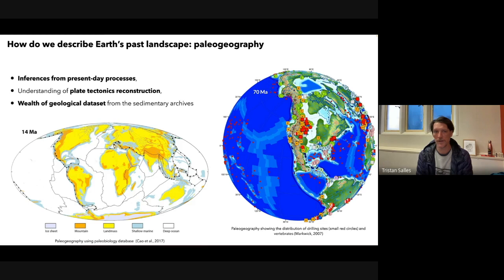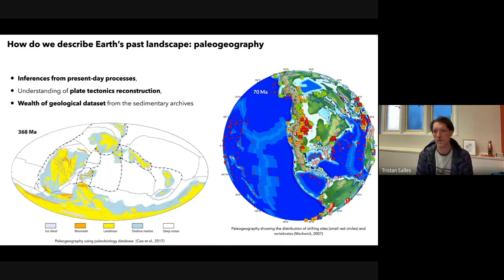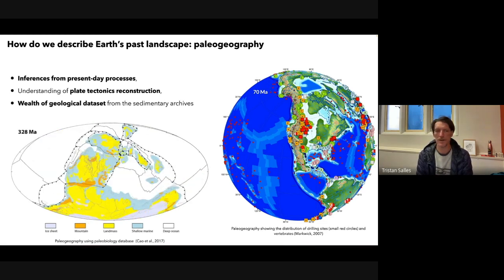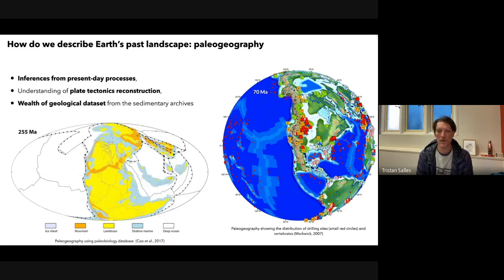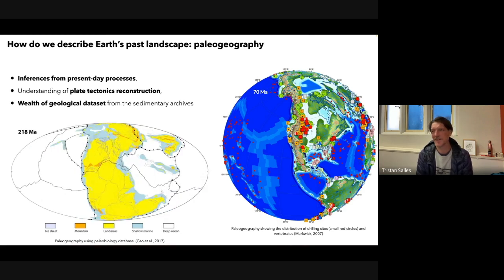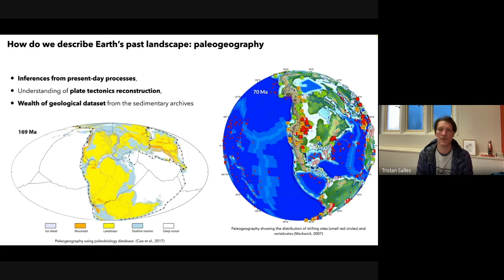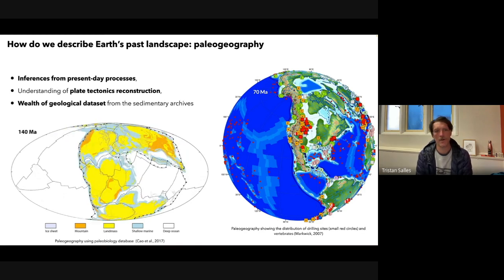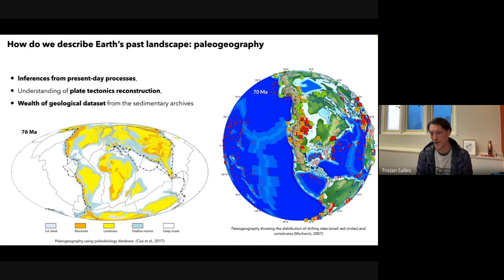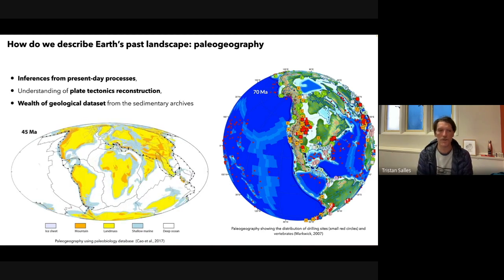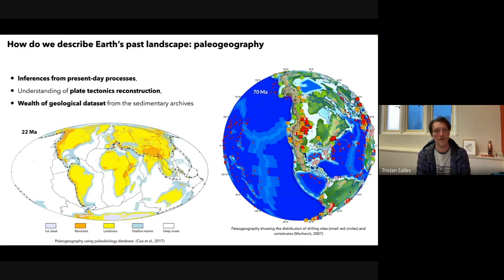You will look at a mountain range to also evaluate the amount of erosion that you may expect. So people look at the present day to try to describe what they see in the sedimentary archive. Another big theme is trying to reconstruct the evolution of plate tectonics over millions of years.